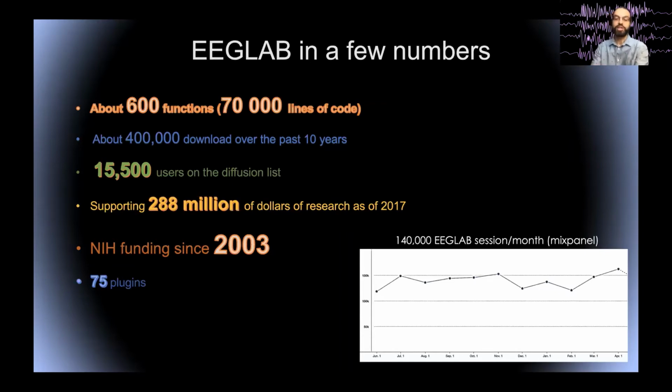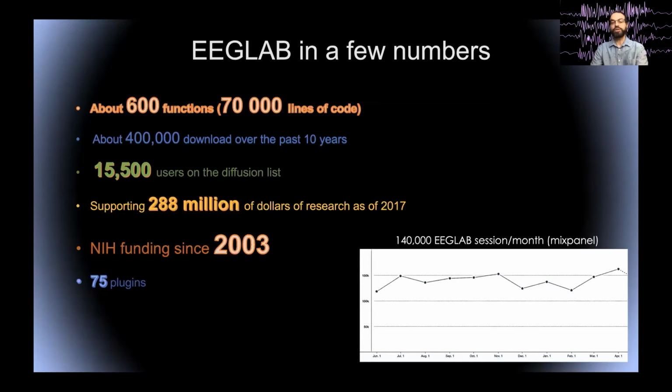Also, every time you start EEGLAB, unless you uncheck an option, it's going to ping a server called Mixpanel. So we know that approximately 140,000 EEGLAB sessions are started every month from about 10,000 unique users. The number of sessions varies widely: some users start 500 sessions, some users just start one.